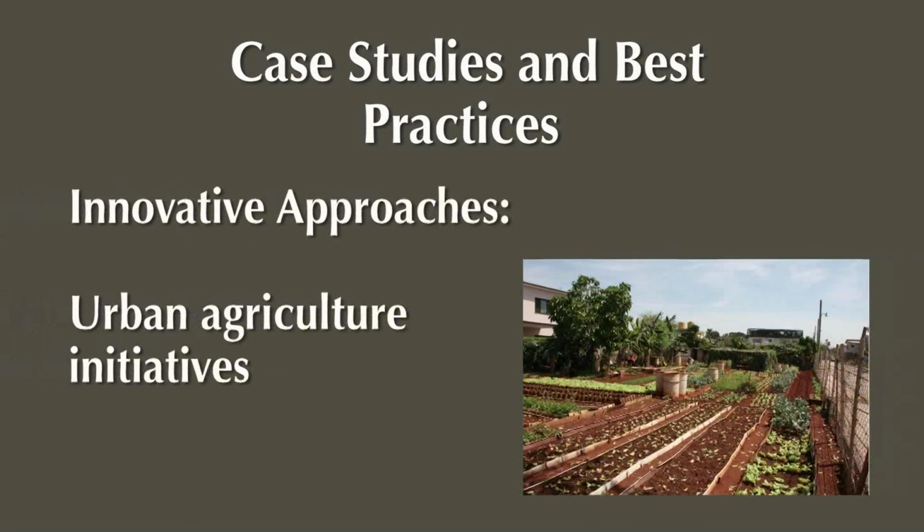Along with these case studies, we can also think of innovative approaches such as urban agricultural initiatives. Most of the time we realize that agriculture is a rural-based activity. But we can also think of developing agricultural activities in urban areas, which can assist in increasing the availability of food grains to the needy people.